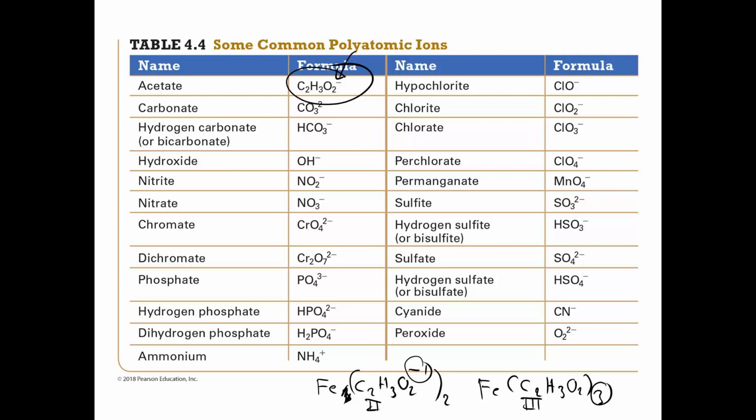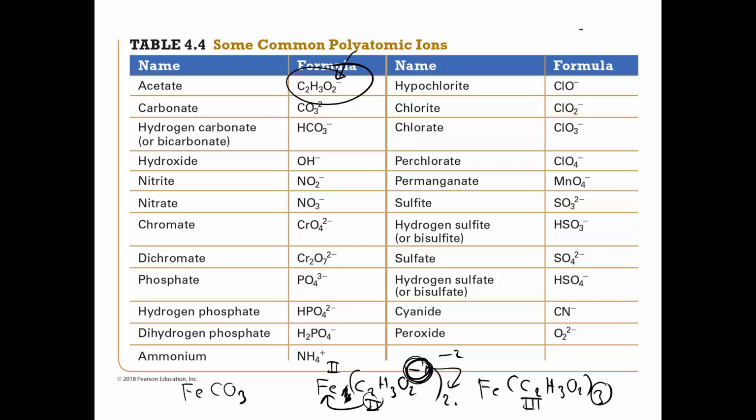Now if we put this together with carbonate, FeCO3, then this would be iron 2 carbonate, right? Okay. So the Roman numeral indicates the charge, and you find out the charge by knowing the charge of the polyatomic ion and how many they are combined with, because 2 times -1 is -2, which means that iron has to be +2. Therefore, this is iron 2 acetate.